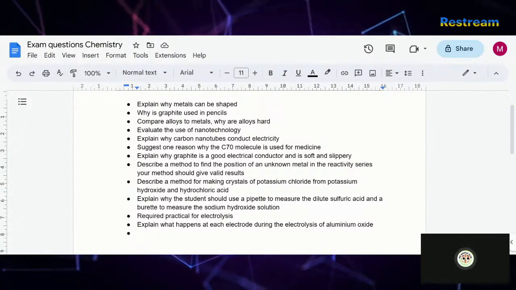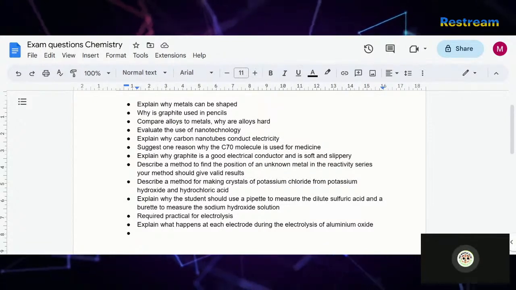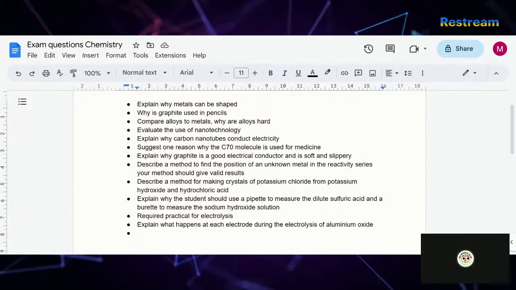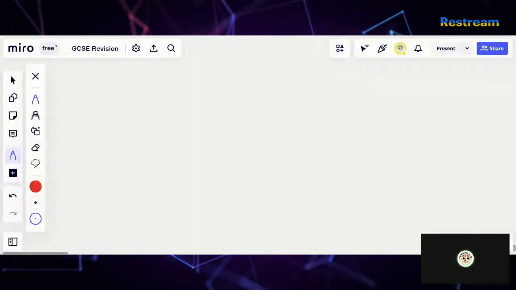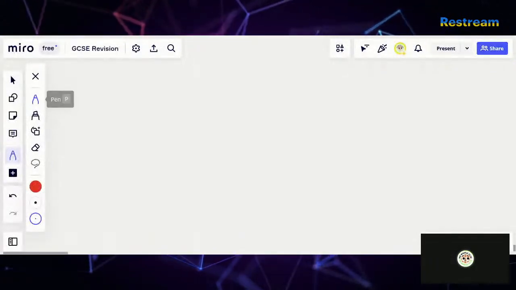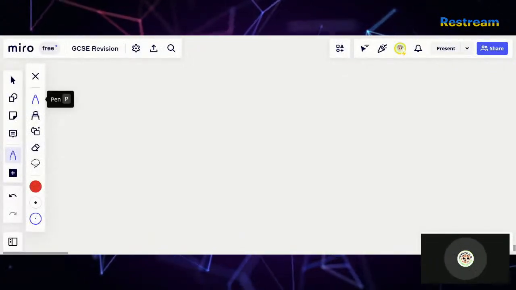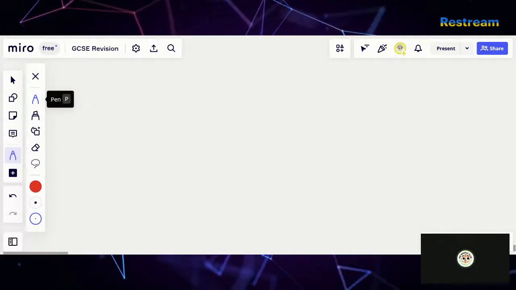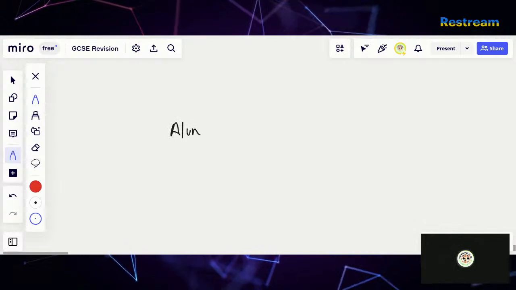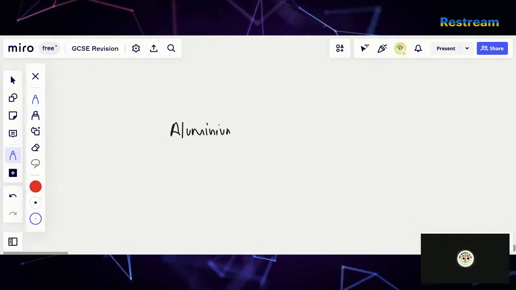Aluminium oxide is often used for an electrolysis example, so let's deep dive into that now. Also, if you do have any ideas, feel free to put them in the chat because I can definitely read them as well. So, aluminium oxide.